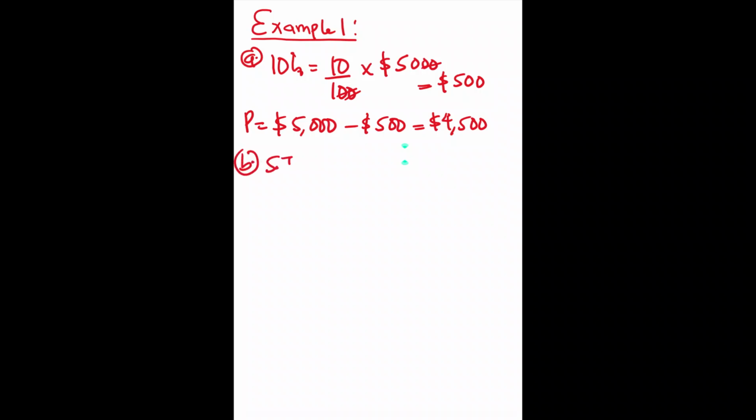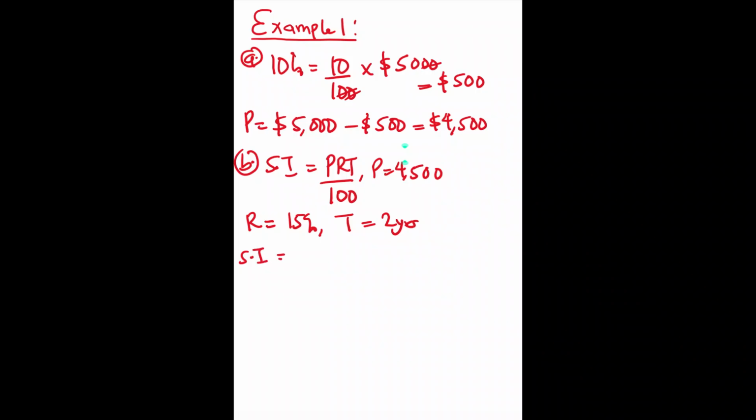So now B, we are asked to find the simple interest. The simple interest is PRT over 100. The principal is 4,500. The interest rate given is 15%, and time is 2 years.